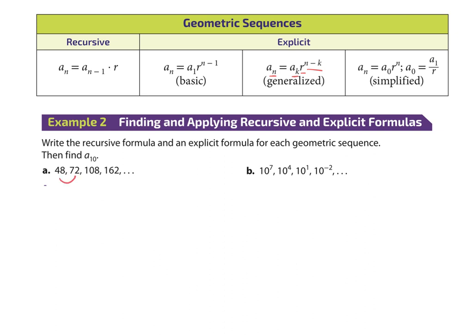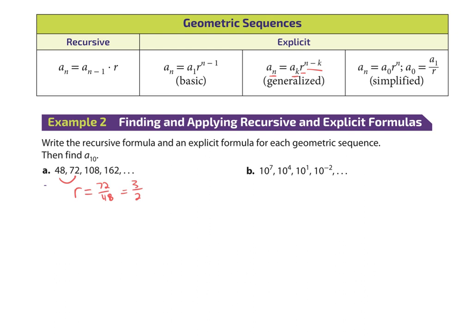Write the recursive formula and the explicit. Well, to find either one of those, I need my r. If I divide, I have 72 over 48, and I'm going to get an r of 3/2 when I divide by 24. You get down to that. My r is 3/2.